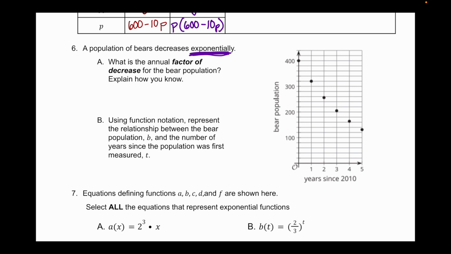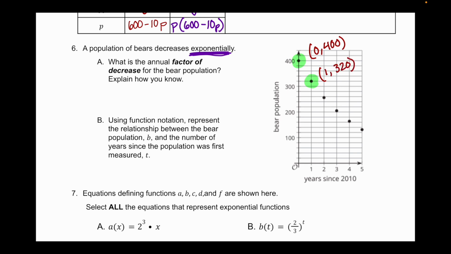So in this case, I'm going to take two pieces of information here. I'm going to use this piece here, my vertical intercept, and the very next point here. I'll label these. This is 0, 400. And then this one here, since each of these little boxes is counting by 20, actually becomes 1, 320.